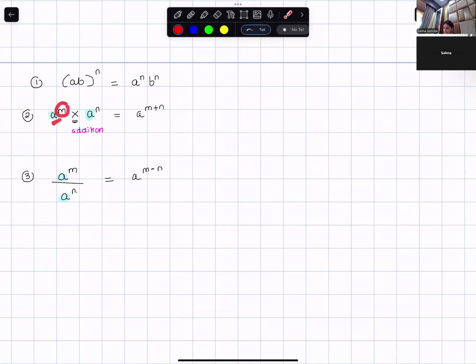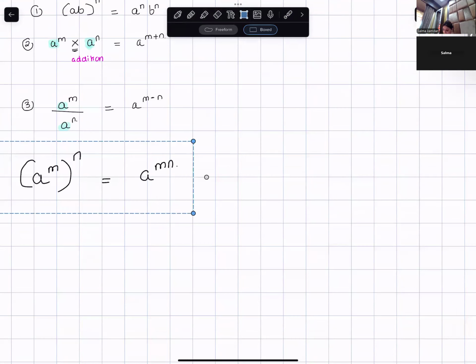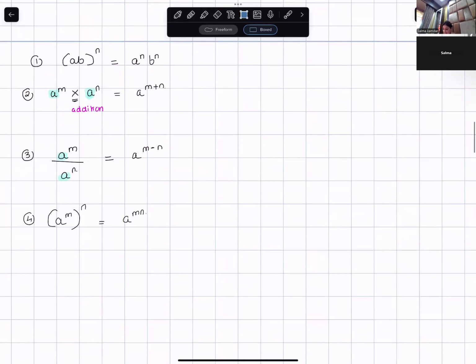Then a raised to m multiplied by a raised to n: the base is the same, so it will be a raised to m plus n. a raised to m divided by a raised to n: the base is the same, so it will be a raised to m minus n. The fourth law of indices: (a raised to m), the whole raised to n, becomes a raised to mn.